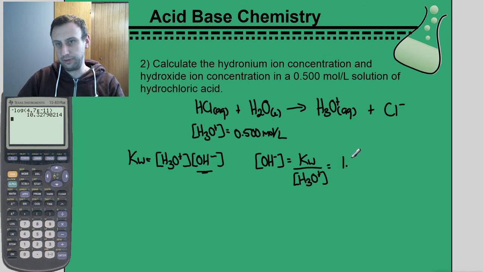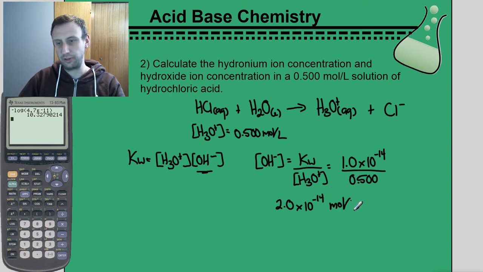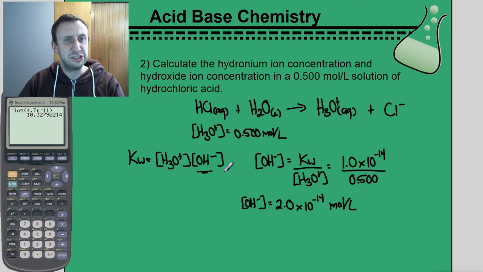So I have 1.0 times 10 to the negative 14 divided by 0.500. If I plug that into my calculator, I'm multiplying by 2 because I'm dividing by 0.5. That's going to give me a hydroxide concentration of 2.0 times 10 to the negative 14 moles per liter. So that will be my hydroxide concentration for this. You might think, oh, that's really low. Is that right?